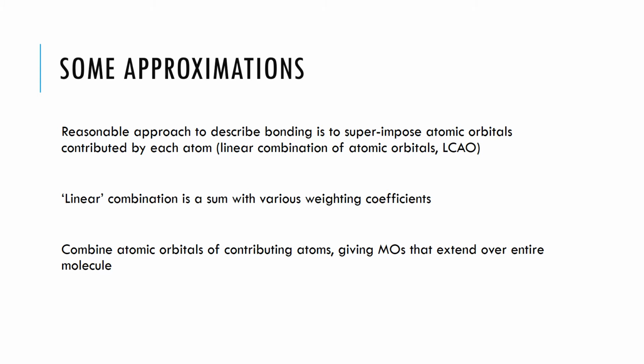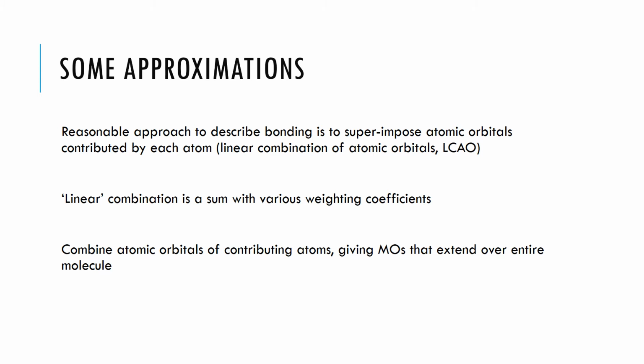Now, the question when making these approximations is we have to think about what is the nature of a chemical bond, what happens when two atoms share electrons to form a bond, and a reasonable approach is to describe that bond by the superimposition of atomic orbitals that are contributed by each atom. So let's think of a very, very simple diatomic molecule, something like hydrochloric acid. There is a hydrogen atom and a chlorine atom, and they share electrons to form a bond.